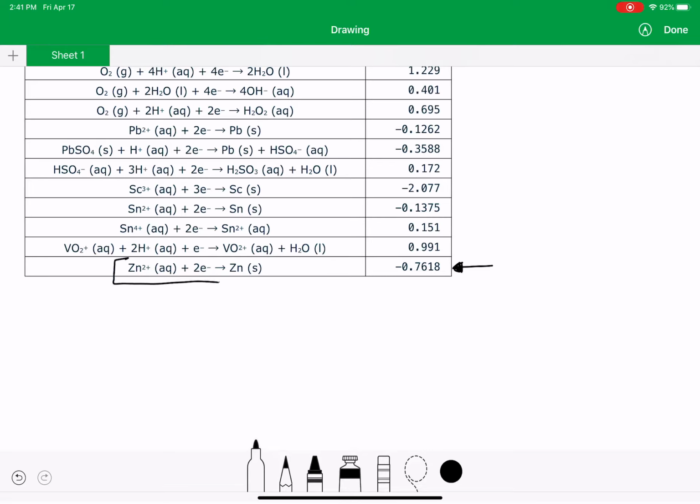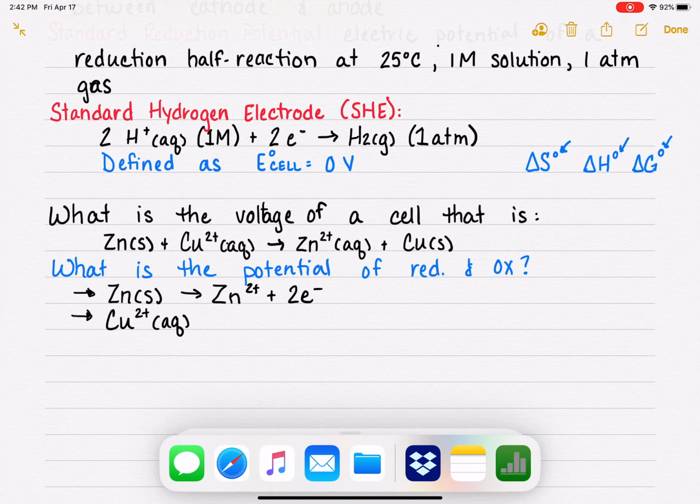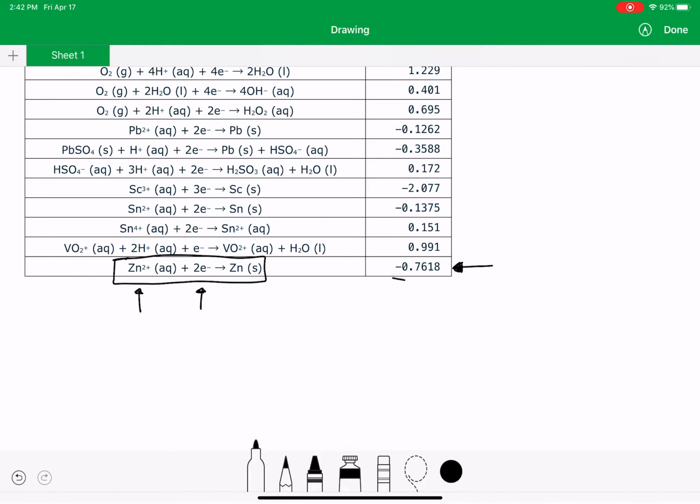I'm going to use this information. So knowing that the other side of the arrow is zinc 2+ and 2 electrons, I'm going to start with that. Zinc 2+ and 2 electrons. And then what I'm going to do next might be a little bit upsetting. Bear with me. I'm going to take this voltage, negative 0.7618, and I'm going to copy that down over here in my notes.